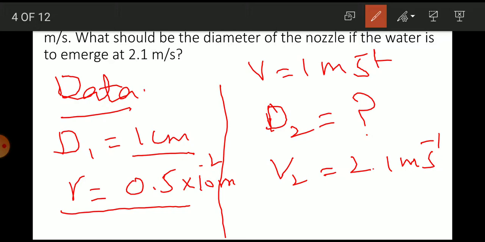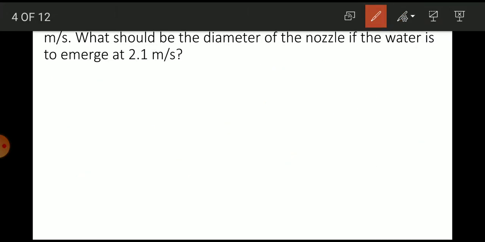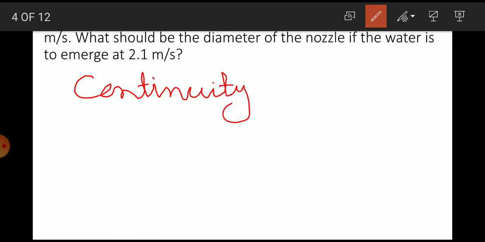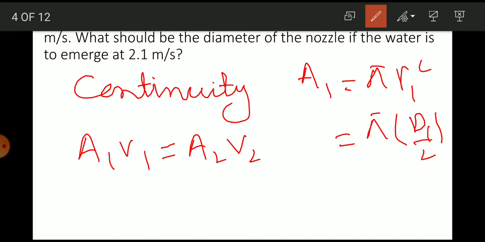Now we know that from the equation of continuity, I will erase the data, you just write it yourself. According to the equation of continuity, a1 v1 is equal to a2 v2. As we know, a1 is equal to pi r1 square, and r1 is equal to d1 divided by 2 whole square, and a2 is equal to pi times d2 divided by 2 whole square.